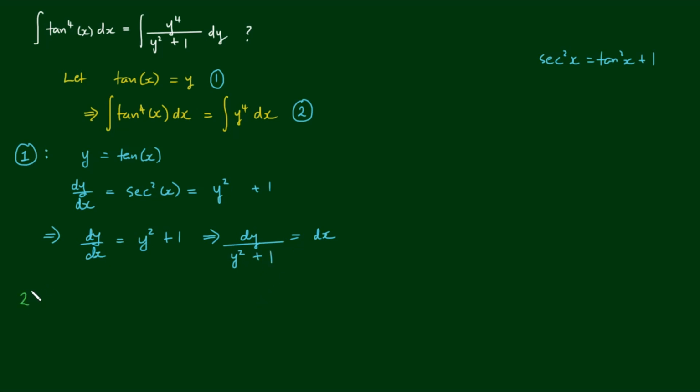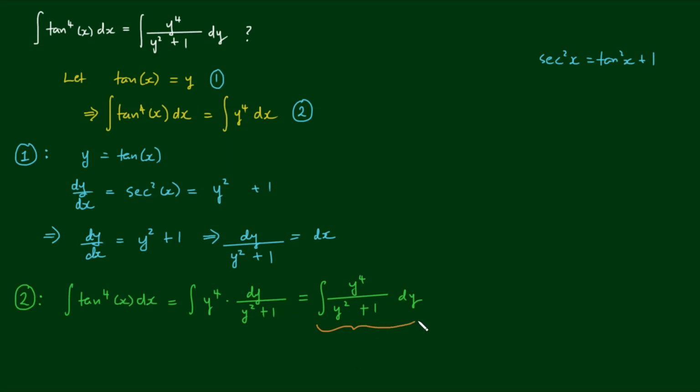So equation 2 becomes the integral of tangent to the fourth power of x dx equals the integral of y to the fourth power, and here we have the expression for dx, which is dy on y squared plus 1, which I can write more neatly as the integral of y to the fourth power over y squared plus 1 dy.